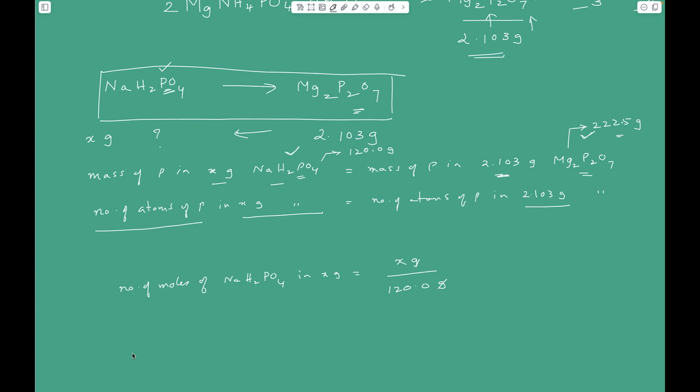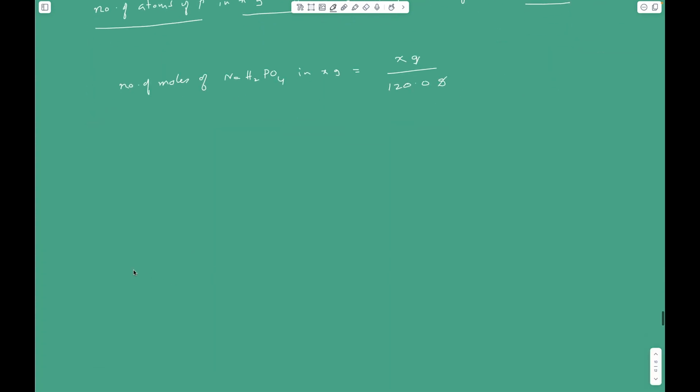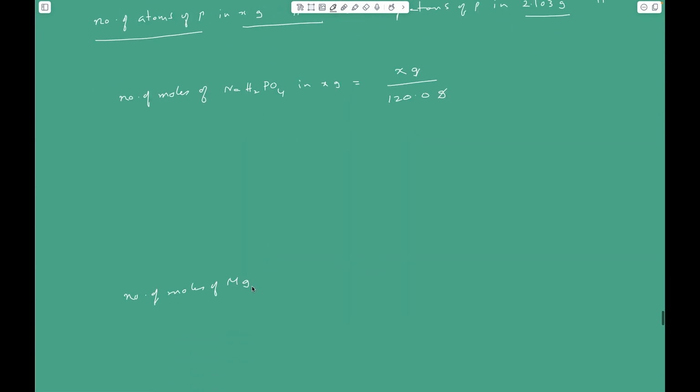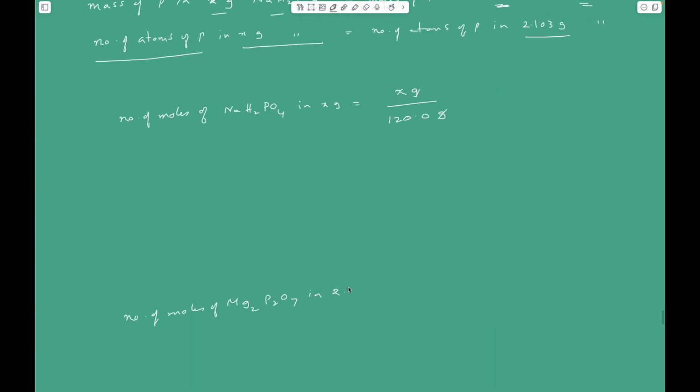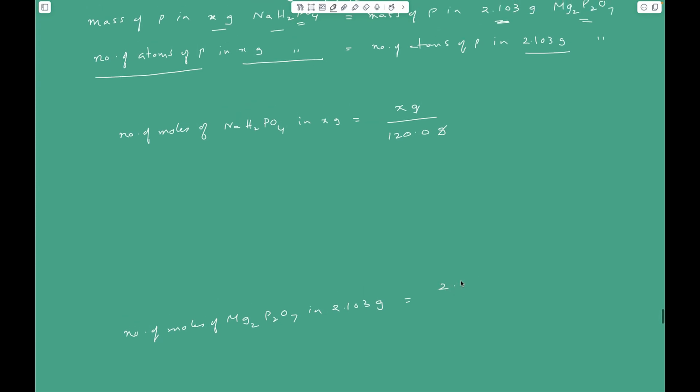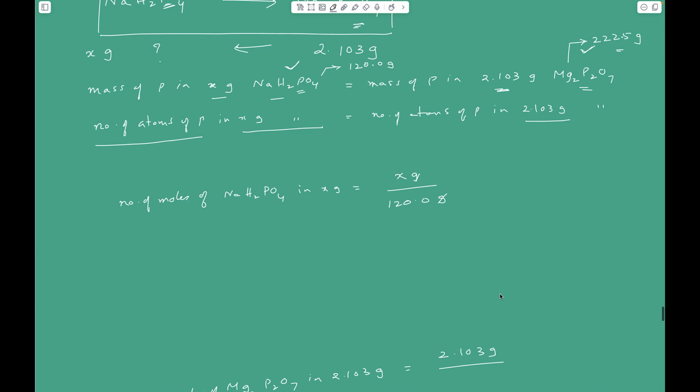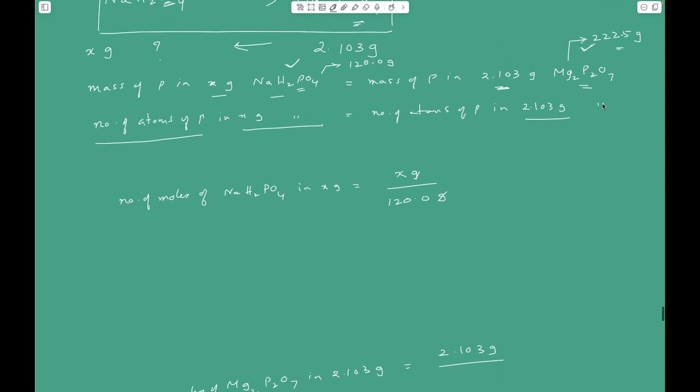Similarly, the number of moles of Mg2P2O7 in 2.103 grams of that compound is the given mass over its formula weight in grams.